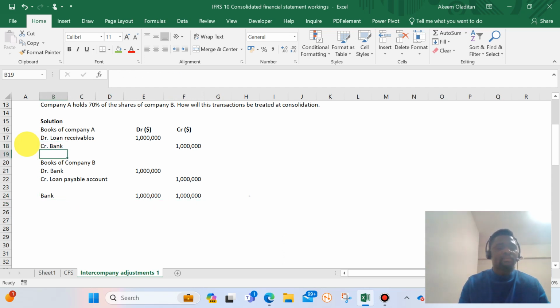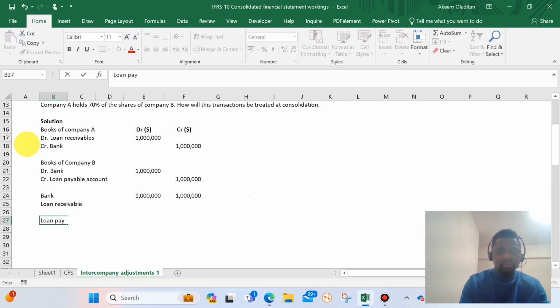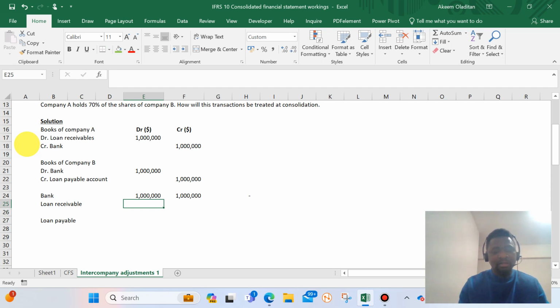But loan receivable, that's the asset side. Loan payable will look like something like this, which doesn't make sense. Loan receivable, because we have debited loan receivable, we need to just put it here. The loan payable.